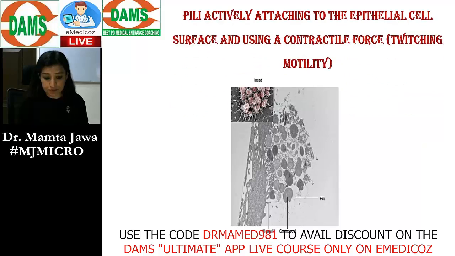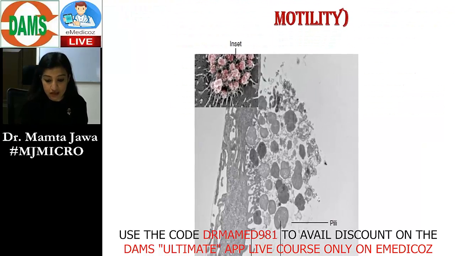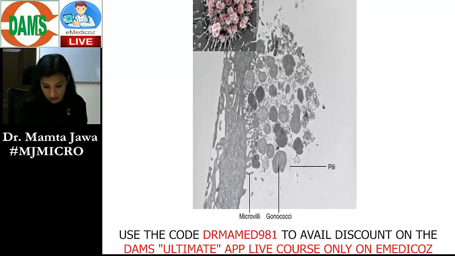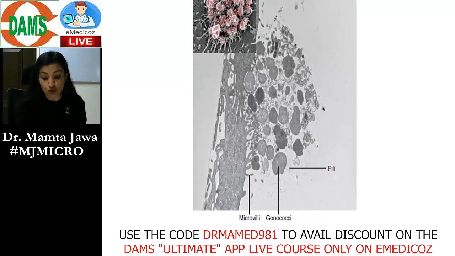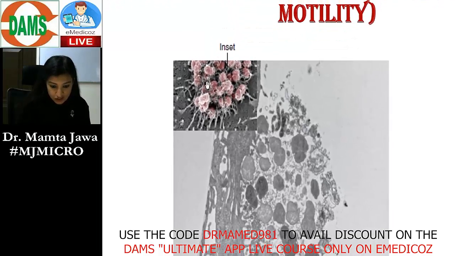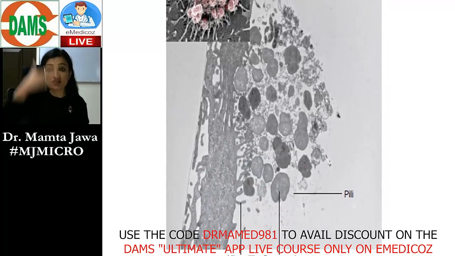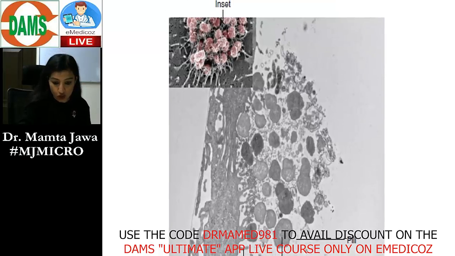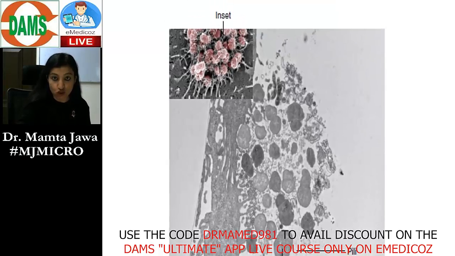Now guys, over here, I want all of you to appreciate this gonococcus trying to attach to the host cells with the help of pili. In the inset, you can see this reddish picture. This shows a closer view of the gonococci, and the black and white picture at the bottom is a cross section of this colony, of this micro colony, which is shown in the inset.